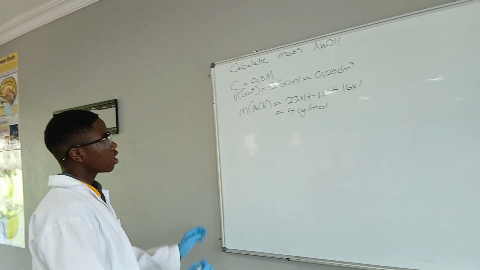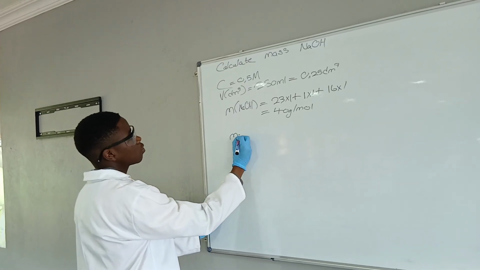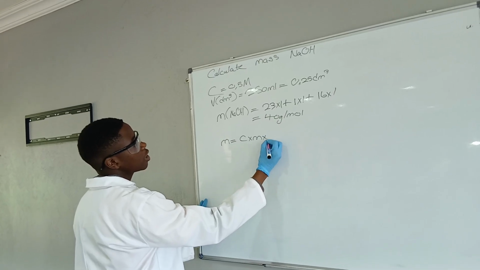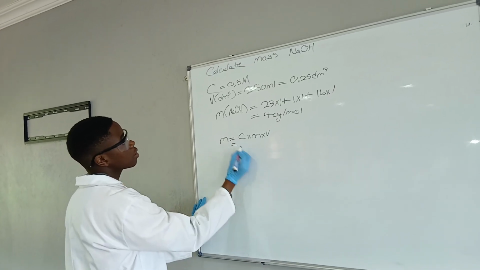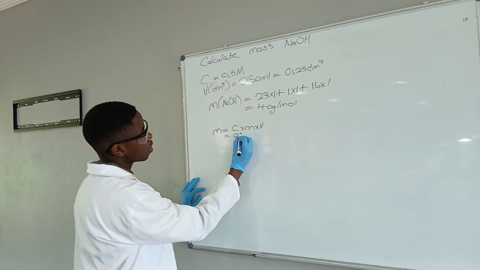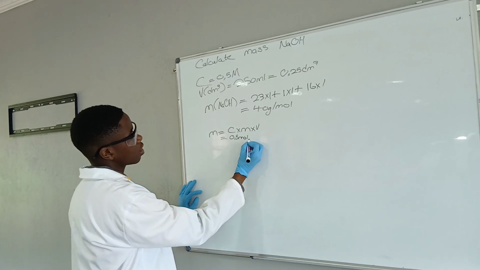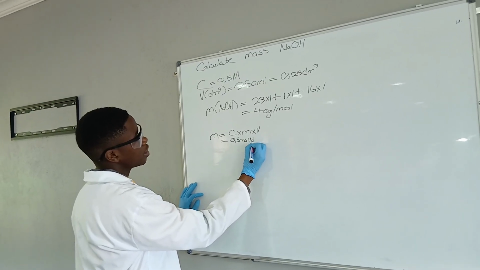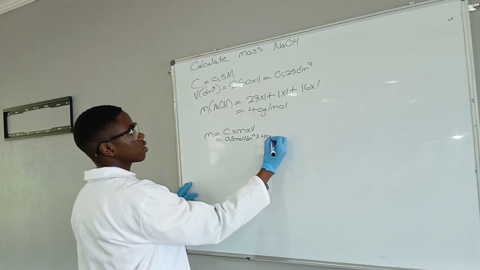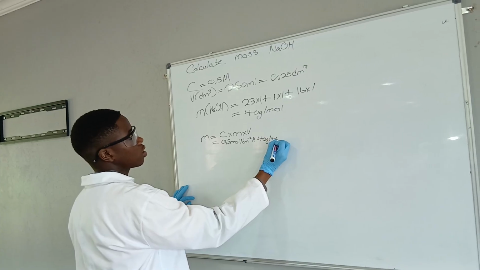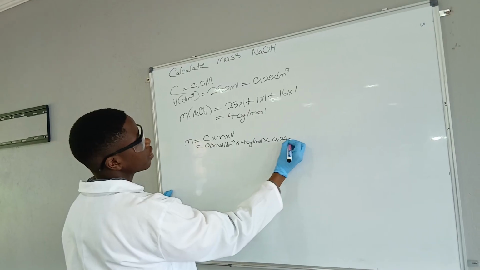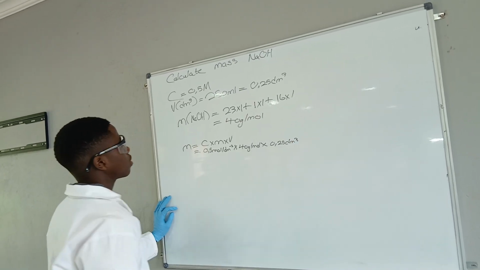Using our formula, the mass will be concentration multiplied by molar mass multiplied by volume. We substitute all our values into our equation. It will be 0.5 mole per dm cube times 40 grams per mole times 0.25 dm cube.